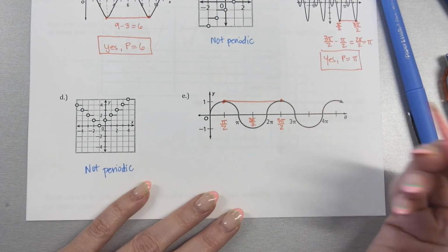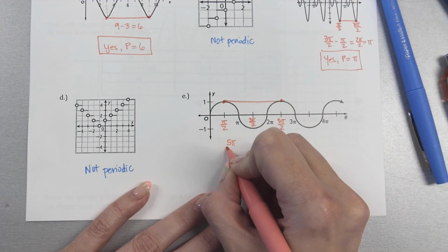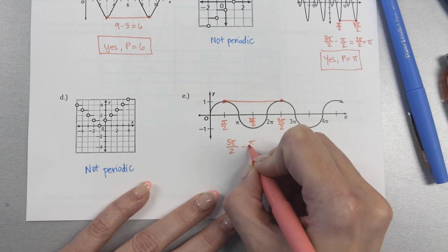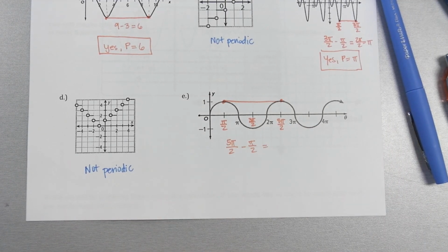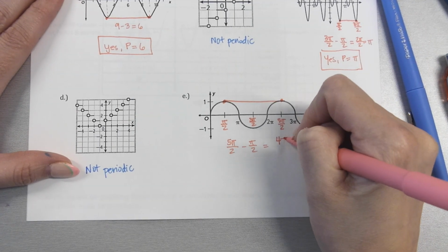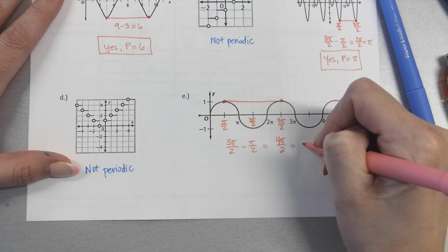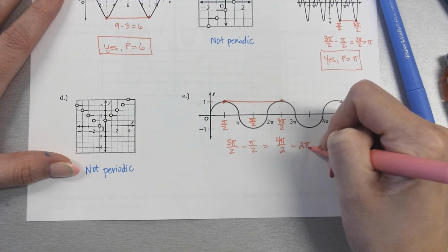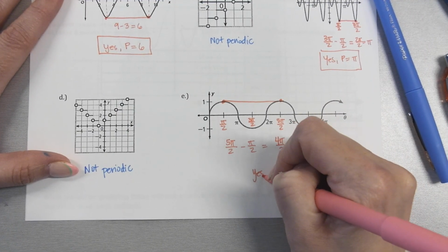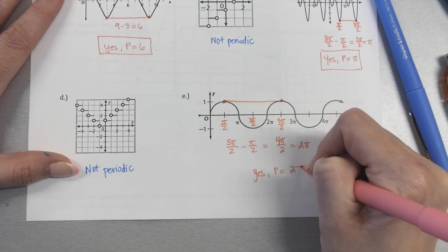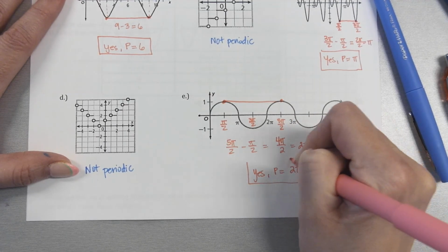If I need to find the distance, I just subtract. And then you can reduce. 5 pi minus pi, you have 4 pi over 2, and what does that reduce to? 2 pi. So this is yes, and the period is 2 pi.